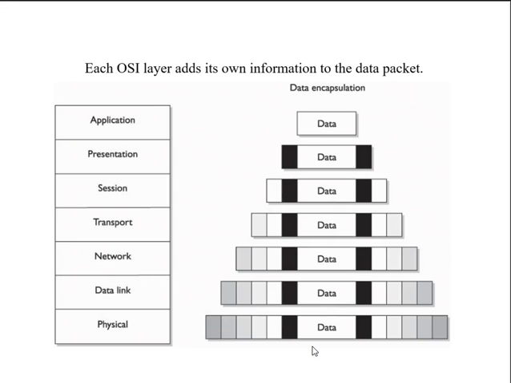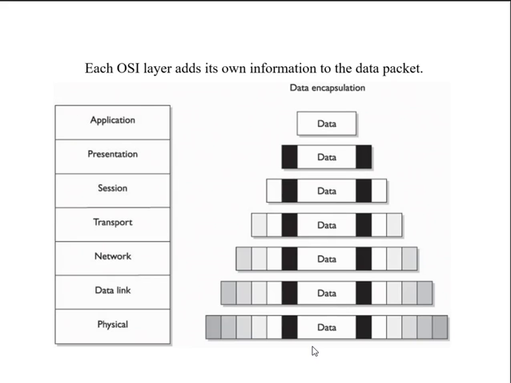It kind of looks like an Aztec pyramid. So if you hear a question on how the process called encapsulation works, it's like an Aztec pyramid where data gets appended as it moves down the stack, and then removed as it moves up the stack.